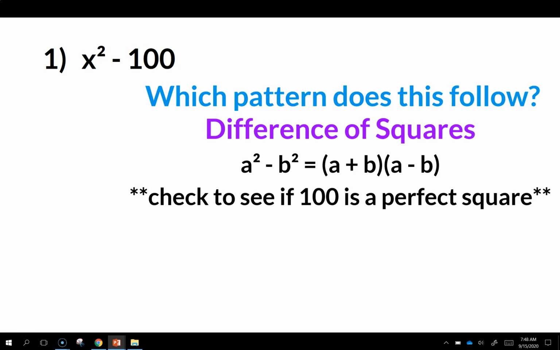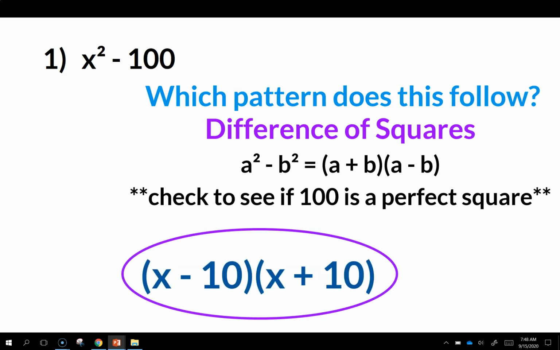The square root of x squared is x. The square root of 100 is 10. So I can rewrite this as x minus 10 and x plus 10. You can also always check yourself by foiling and going backwards. If you multiplied this back through, you would get x squared minus 100.